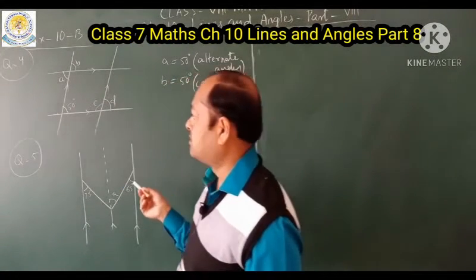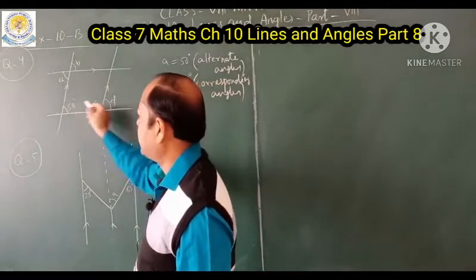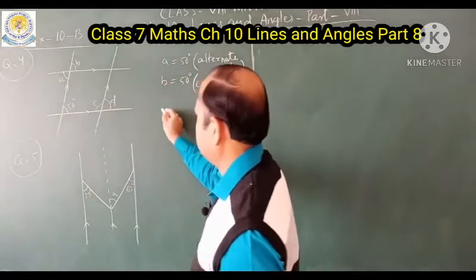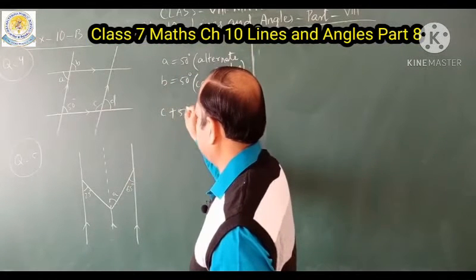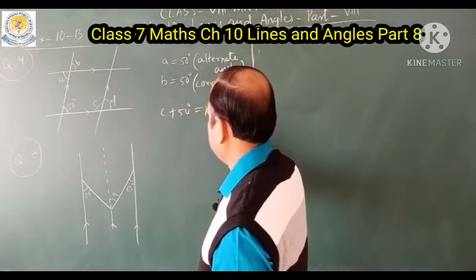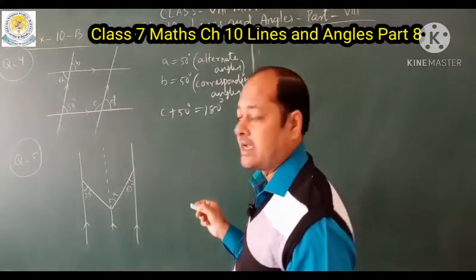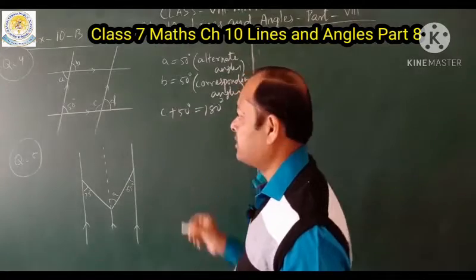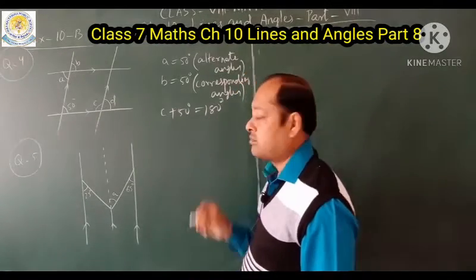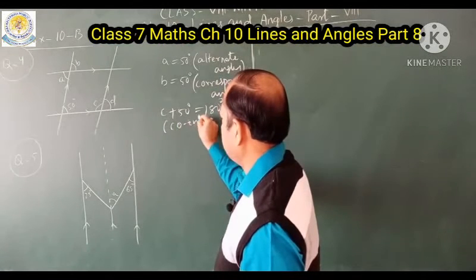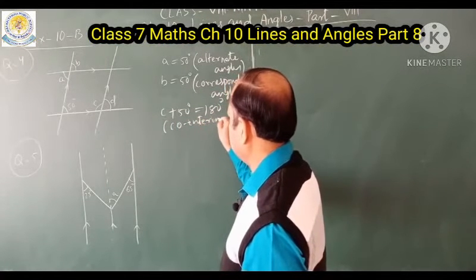So C plus 50 equals 180. What is the reason? The reason is co-interior angles. The sum of two co-interior angles equals 180. So in brackets write co-interior angles.